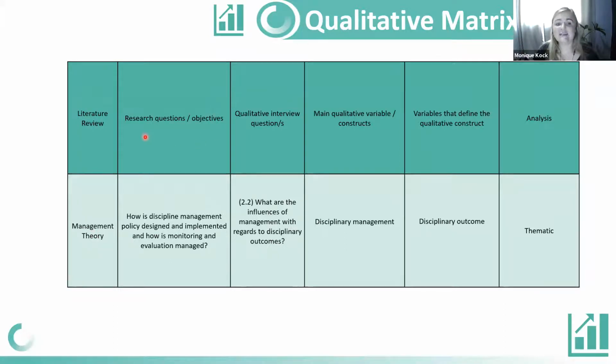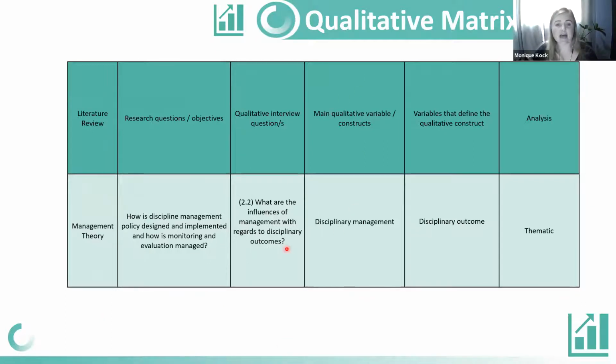You would then identify a research question or objective, depending on the process that you like. I like to use objectives. But you would then be able to identify what research objective am I investigating currently. You would then be able to note down any qualitative interview questions. What are the questions that I would like to ask, for instance, based on this theory that we are looking at?